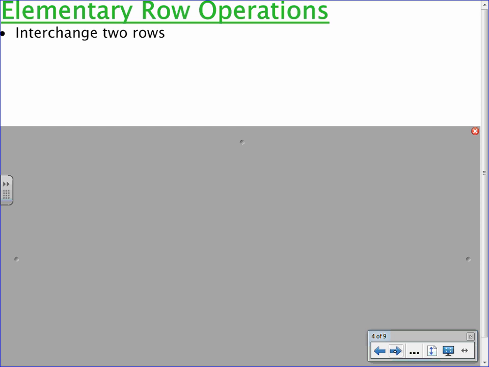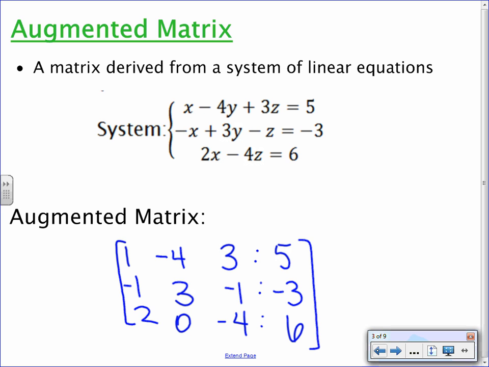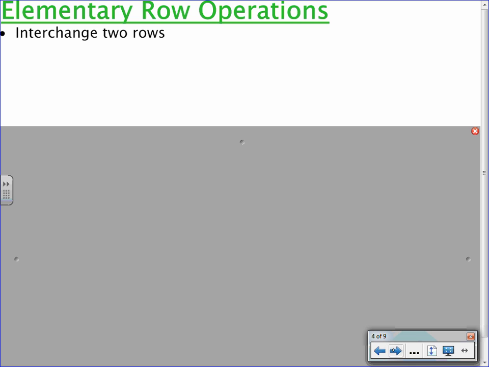Because what we're going to do is take this augmented matrix, and tomorrow we are going to perform row operations to help us solve our system of equations. So you need to know what's legal to do with a matrix. We can take two rows and interchange them. What does interchange mean? Switch.